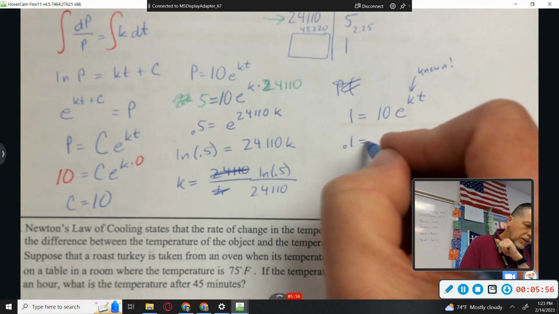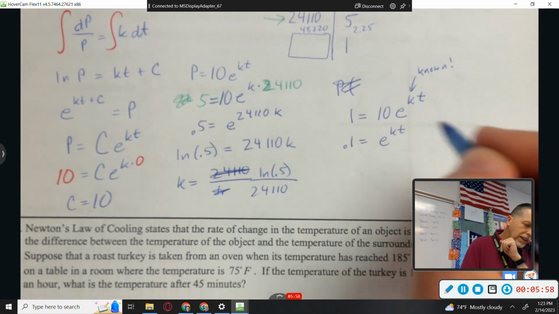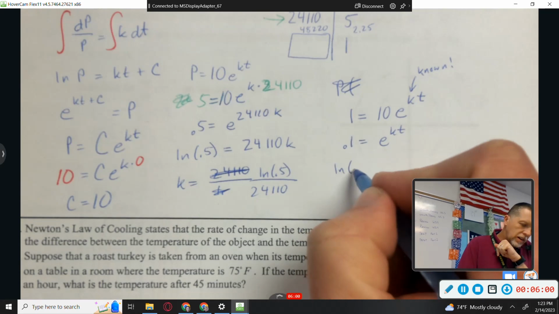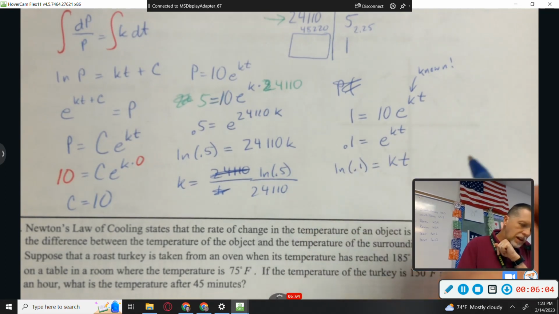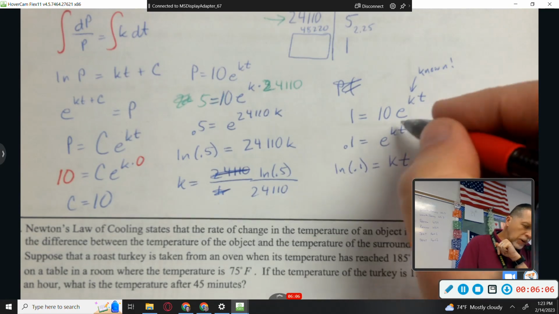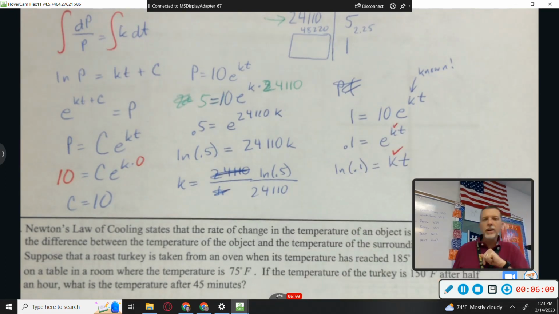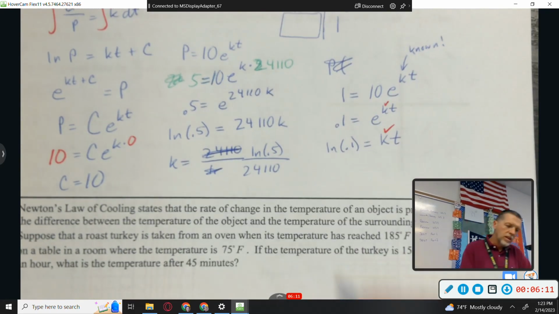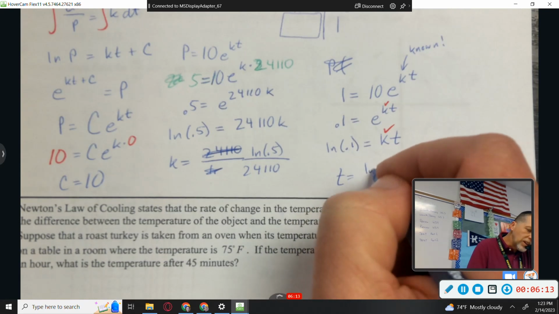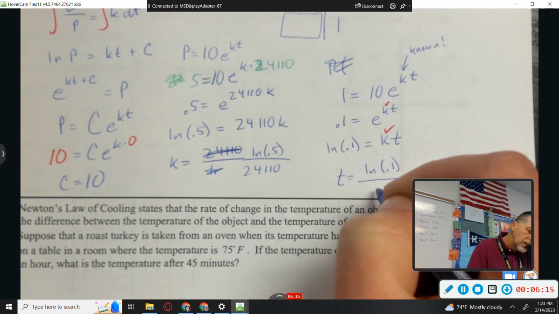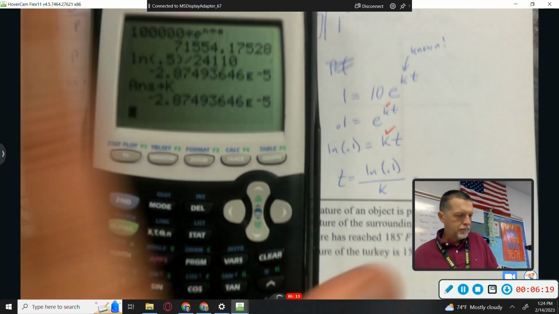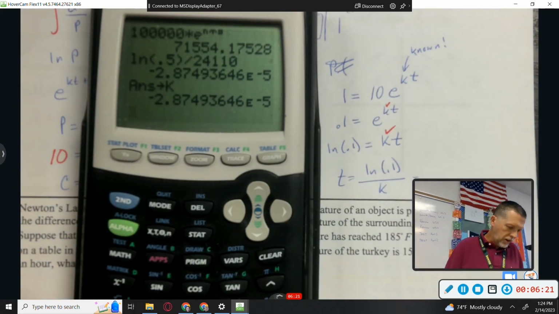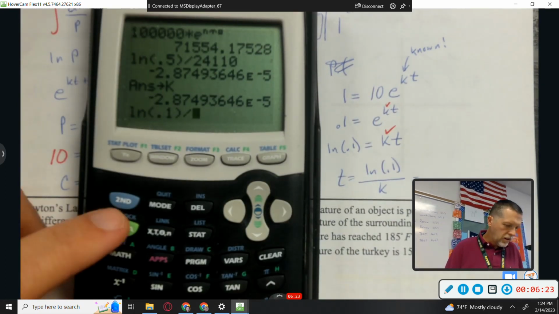So 0.1 equals e to the kt. Natural log both sides. I have to keep reminding myself, I know what K is. Stop thinking it's a variable. So T equals natural log of 0.1 over K, natural log 0.1 divided by K.